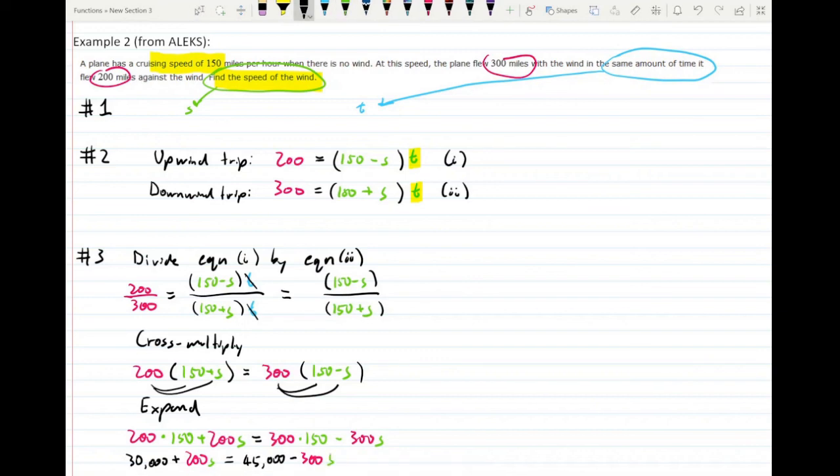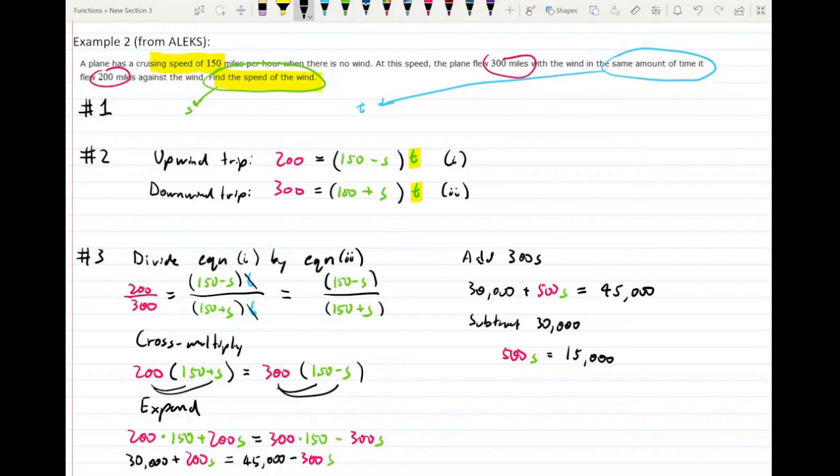And now it's just a matter of grouping all the s's on one side and dividing. So we're going to first add 300s to get 30,000 plus 500s equals 45,000, and then subtract 30,000 to get 500s equals 15,000.